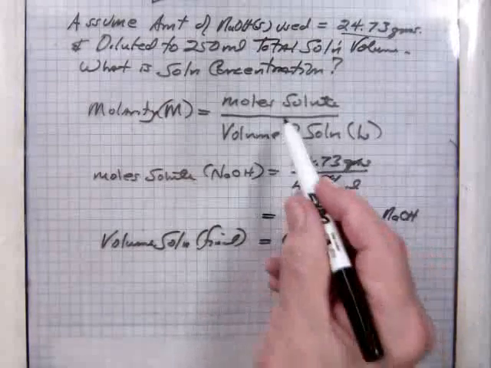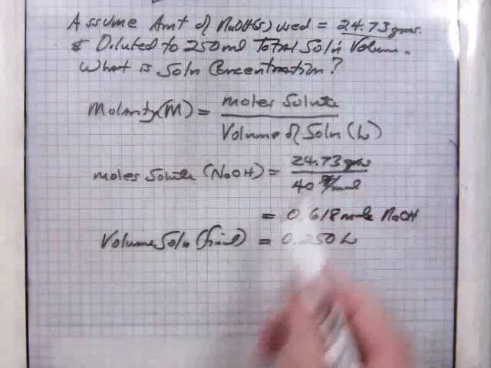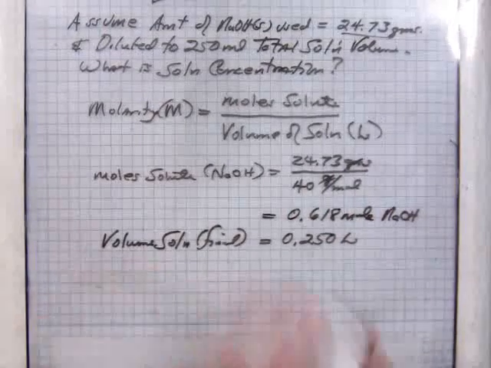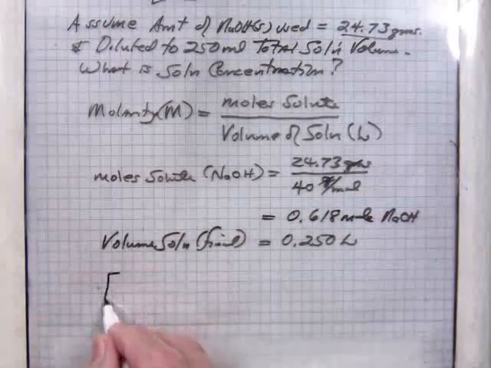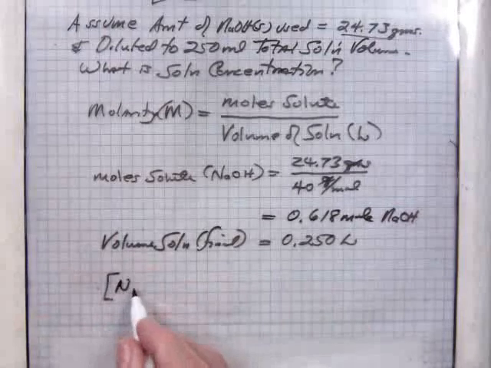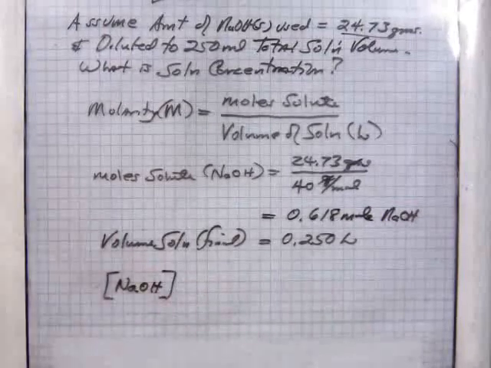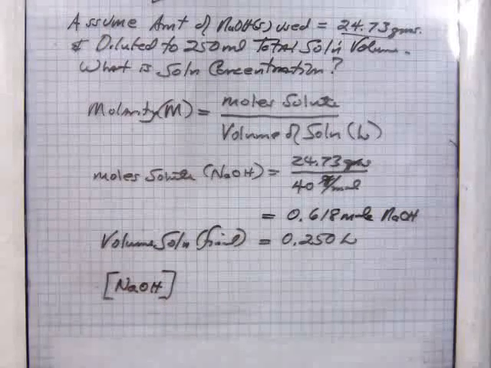So this is applied to this definition, and so the molarity of the sodium hydroxide, and I showed you this yesterday briefly, brackets NaOH, means moles per liter concentration, and it will be used extensively going forward in the course.